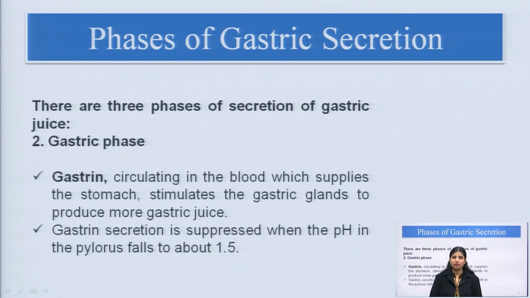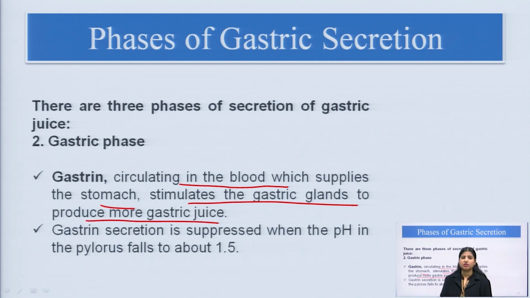Now, the gastrin which reaches the bloodstream and is circulated in the blood supplies the stomach, and it stimulates the gastric glands, which produce more of the gastric juice. So, this is how the gastric juice is regulated in the gastric phase.